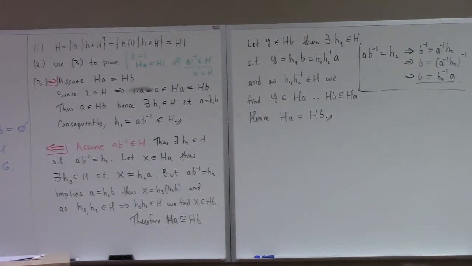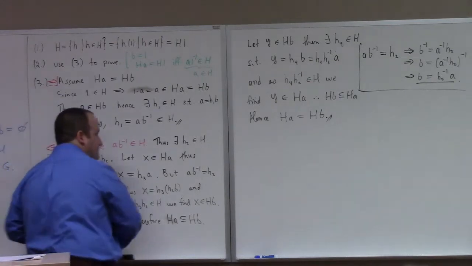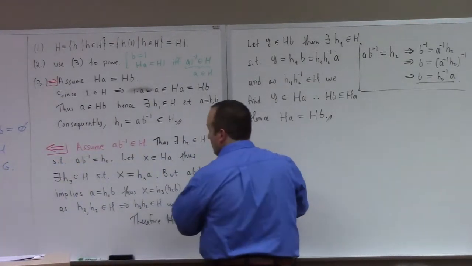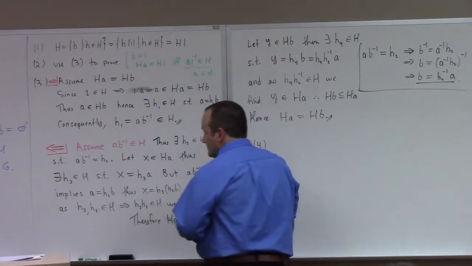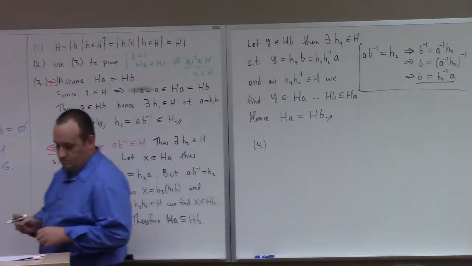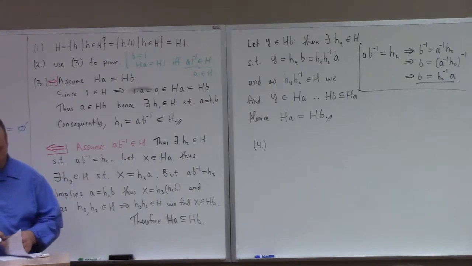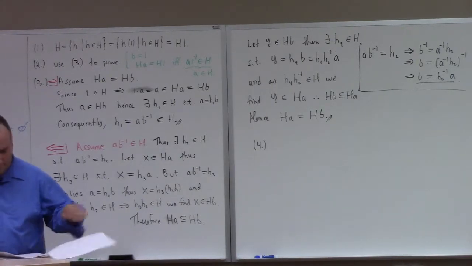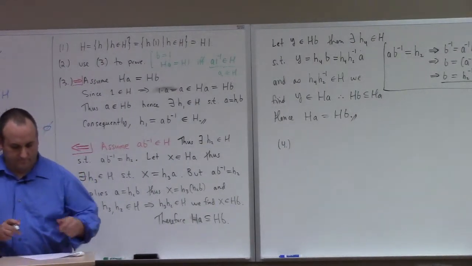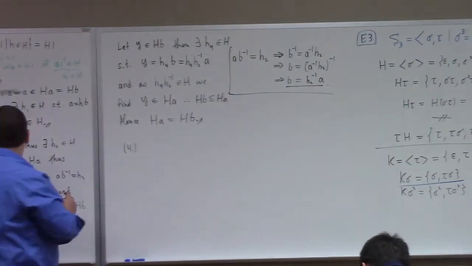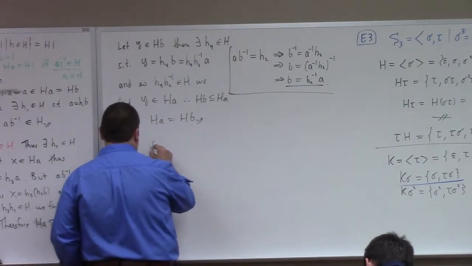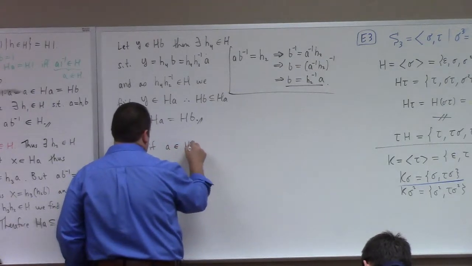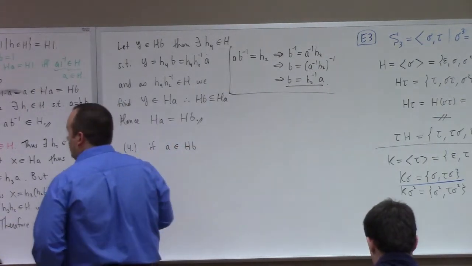How do we prove 4? Let's see here. If A is an element of HB, then what?